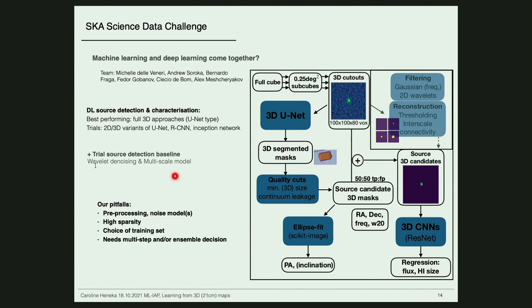Our main takeaways, or pitfalls, were that the noise models were crucial to set the choice of a training set. We had a high sparsity, and in the end, one network doesn't cut it for a full high true positive score, so we need a multi-step decision on top.